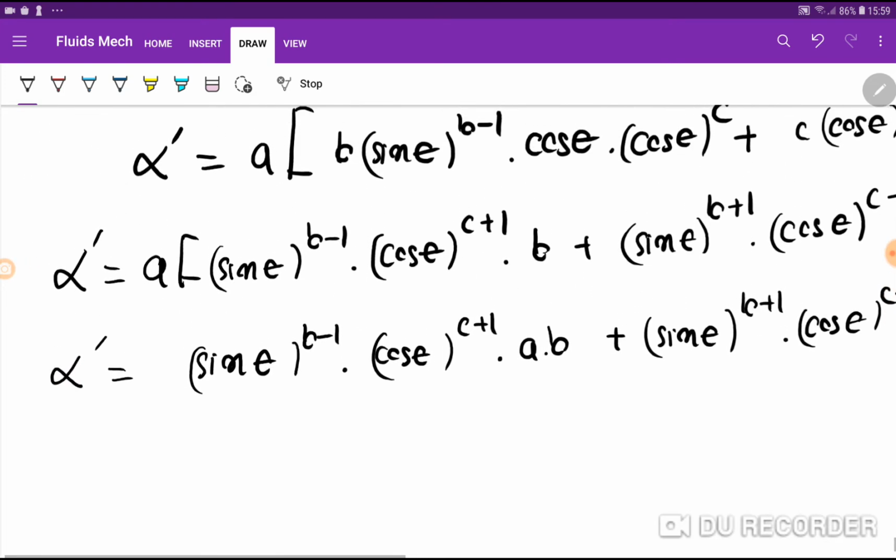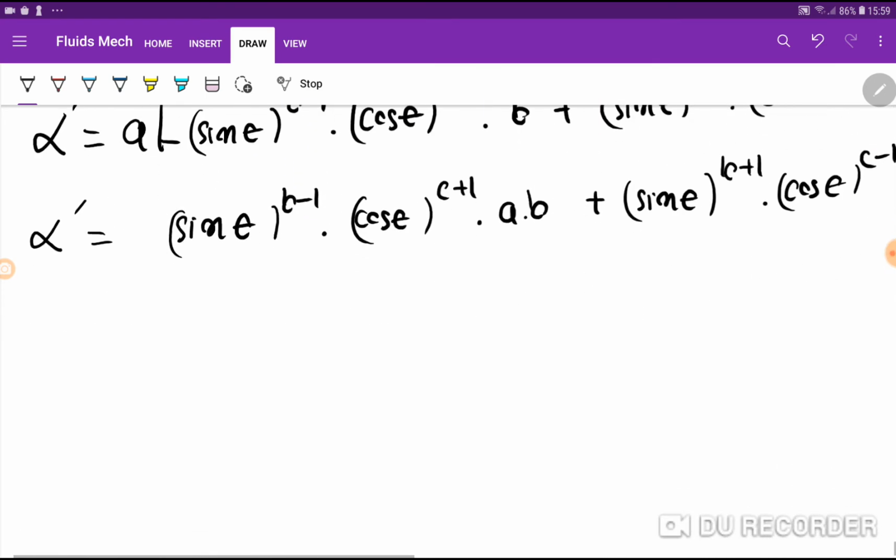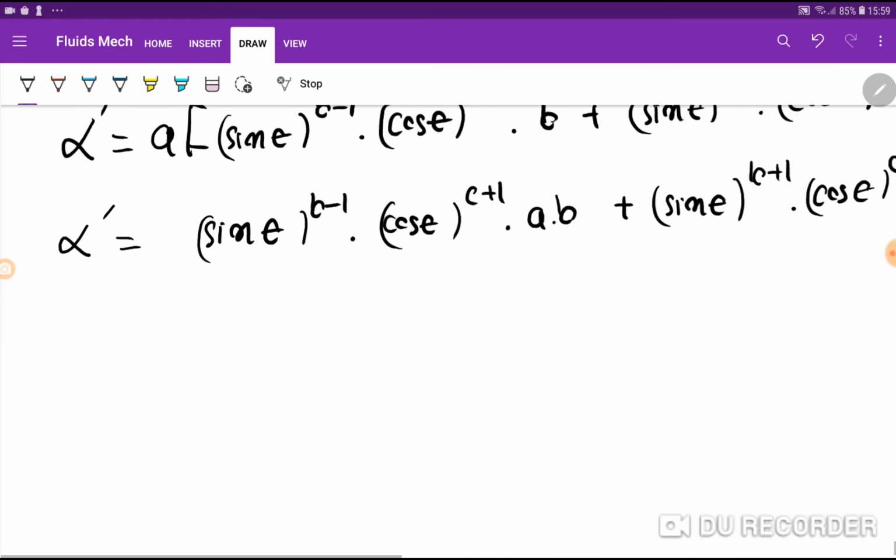Oh my god. Okay, I'm going to multiply alpha prime by cotangent of theta so that later we don't have to do it. Alpha prime times cotangent of theta, and we all know that cotangent of theta is cos theta over sine theta.